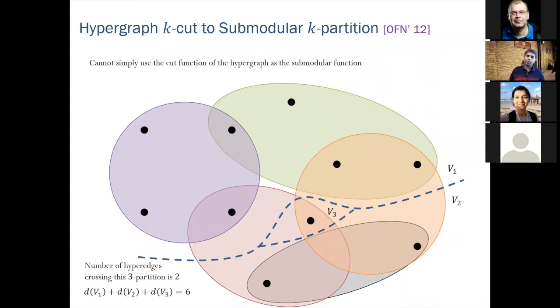If you take the submodular function to be the hypergraph cut function, then the sum of the function values of the 3 parts becomes 6. This is overcounting the number of crossing hyperedges. So we cannot simply use the cut function of the hypergraph as the submodular function. We have to be a little more careful in this reduction.